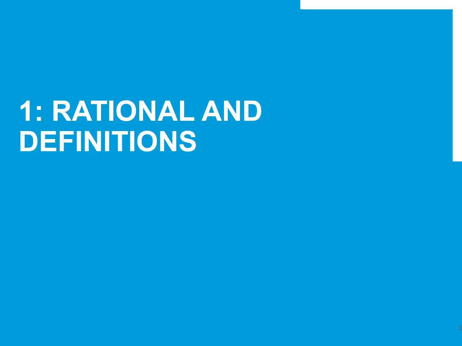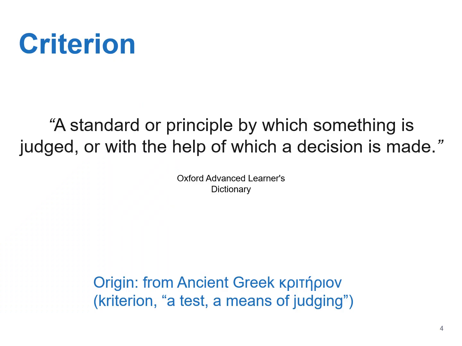Let's begin with the rationale and definitions. Before we get into specifics, we need to be clear about what we mean by the term criterion and criteria, and why criteria are indispensable in policy analysis. Simply put, a criterion is essentially a standard or principle by which something is judged or by which we make a decision.